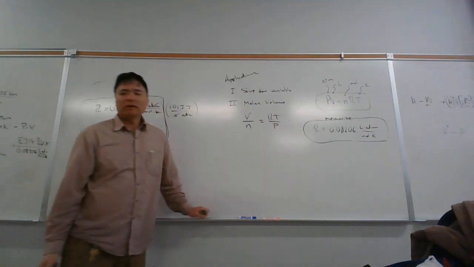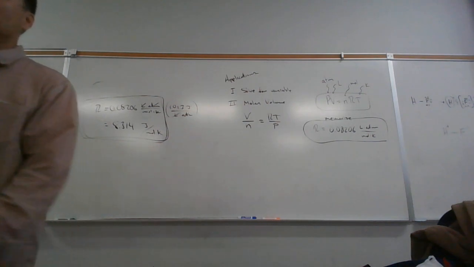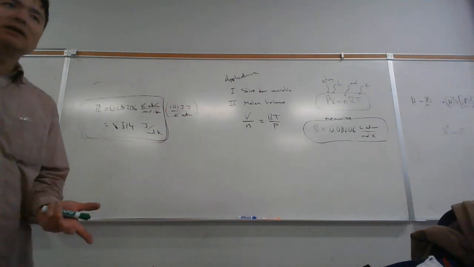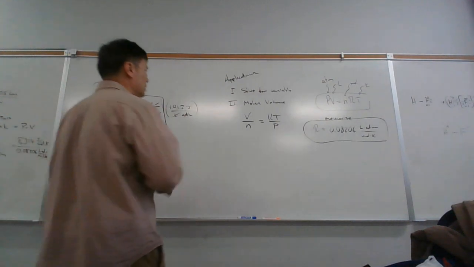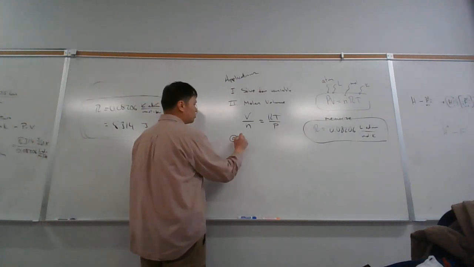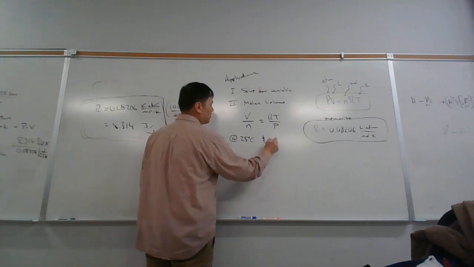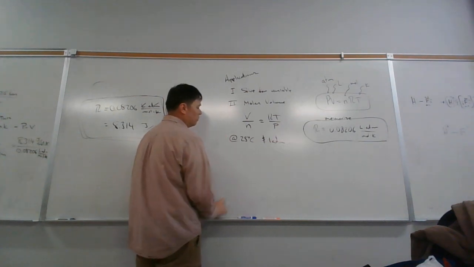Now, one thing we want to know is, what is the molar volume of gas under normal conditions? What are normal conditions? 25 degrees C and 1 atmosphere. So let's do that. At 25 degrees Celsius and 1 atmosphere, what is the molar volume?